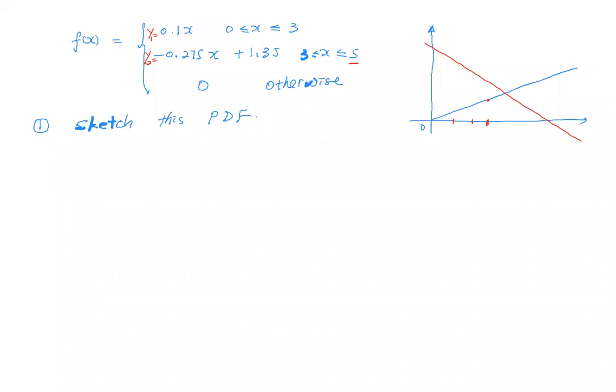When x equals 3, 0.1 times 3, I only get 0.3, correct? So it is until this point. So you only take from here to here.